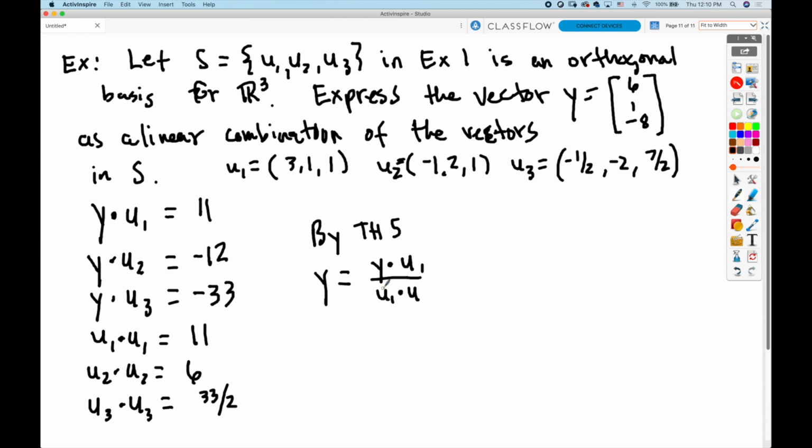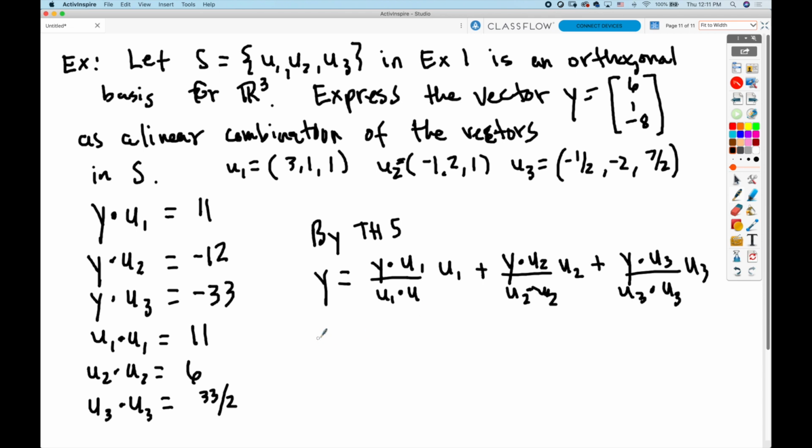So this is going to be c1 then times u1 plus y dot u2 over u2 dot u2 times u2 plus y dot u3 over u3 dot u3 times u3.